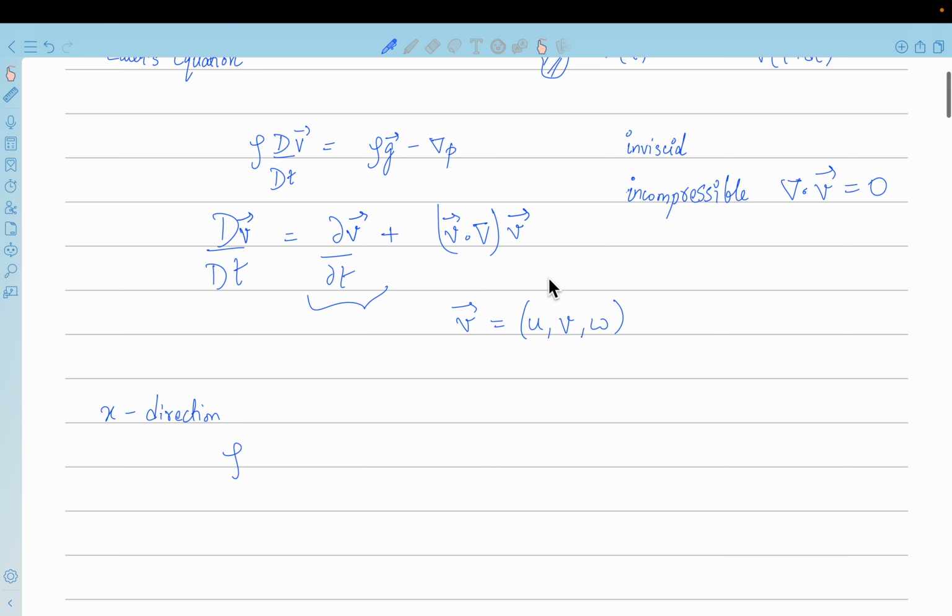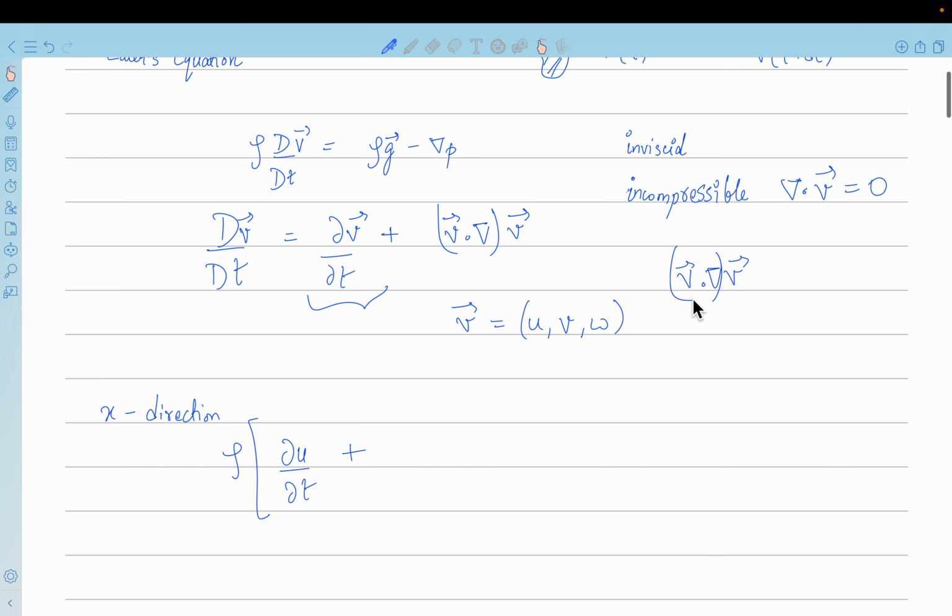So we are only looking at the change in u. So we have rho multiplied by dou u by dou t plus, what is v dot del? v dot del of v, and we are going to take only the x component.